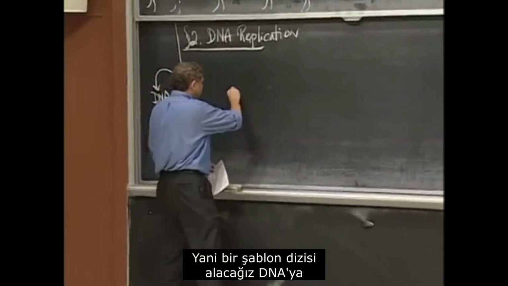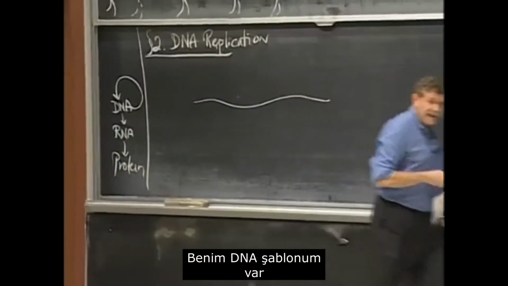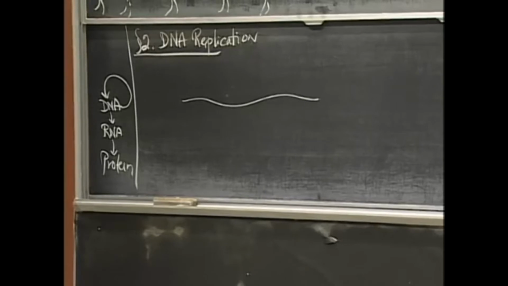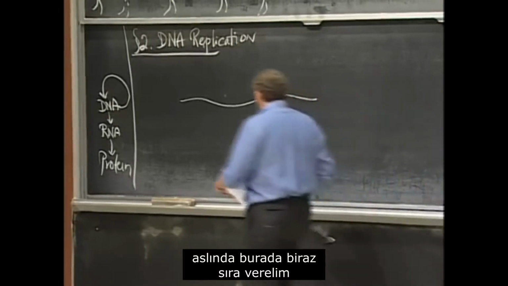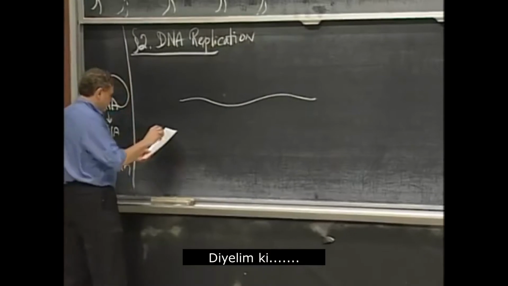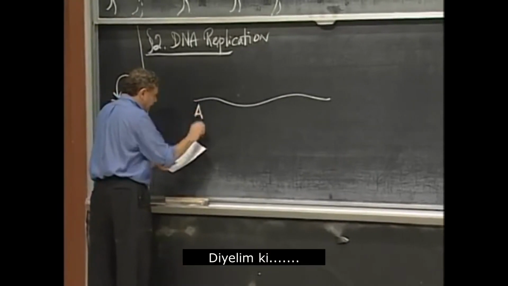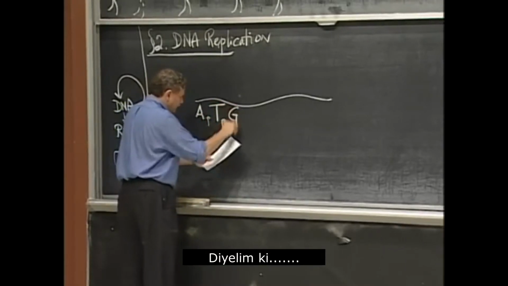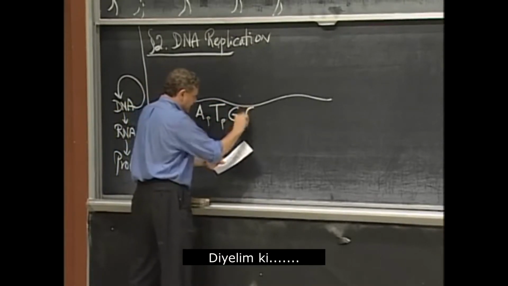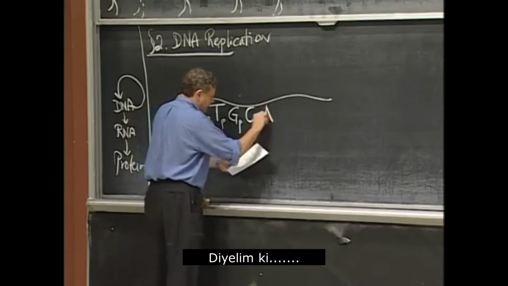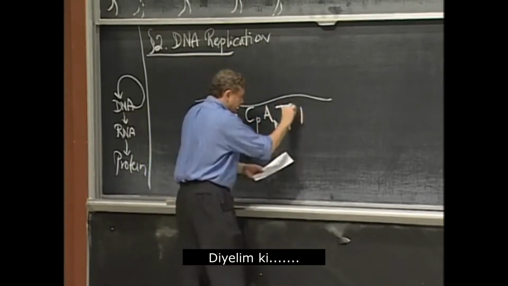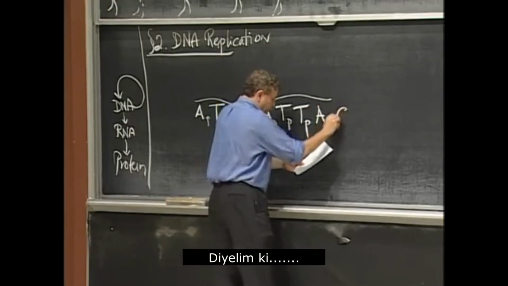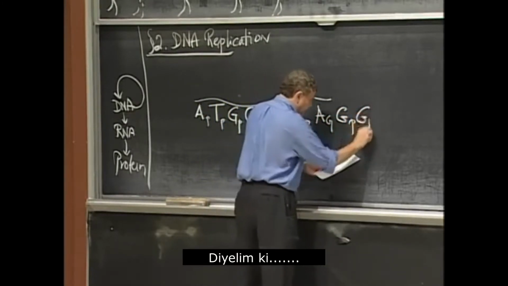So we'll take a template strand of DNA. There's my template of DNA. Let's give it a little sequence here. Let's say A, phosphate, T, phosphate, G, phosphate, C, phosphate, A, phosphate, T, phosphate, T, phosphate, A, phosphate, G, phosphate, G, phosphate.